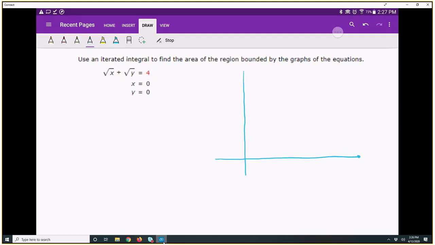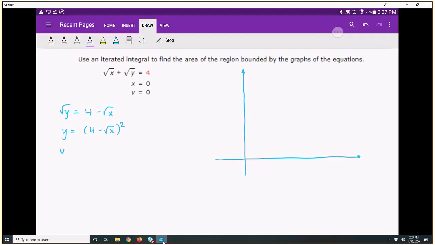I know x equals 0 is my y-axis, and y equals 0 is my x-axis. The equation square root of x plus square root of y equal 4, I want to solve for y. So I'll say square root of y is equal to 4 minus square root of x. Then y is equal to 4 minus square root of x, squared.